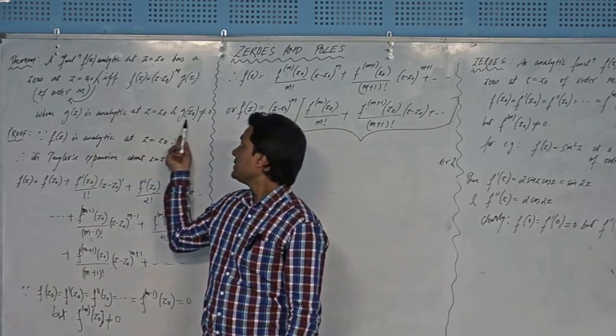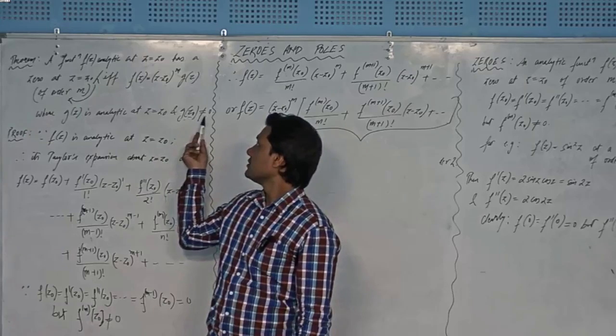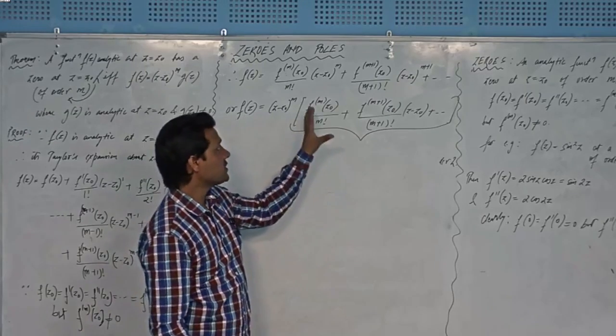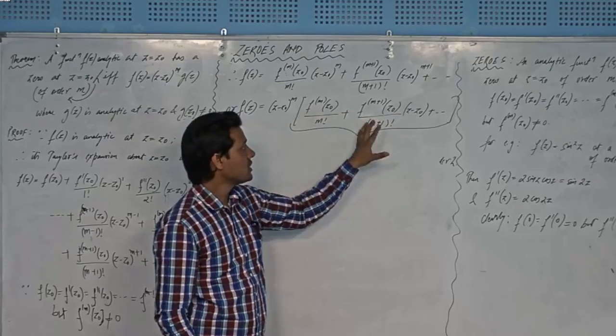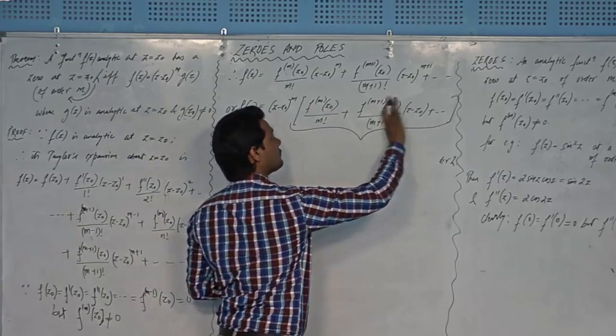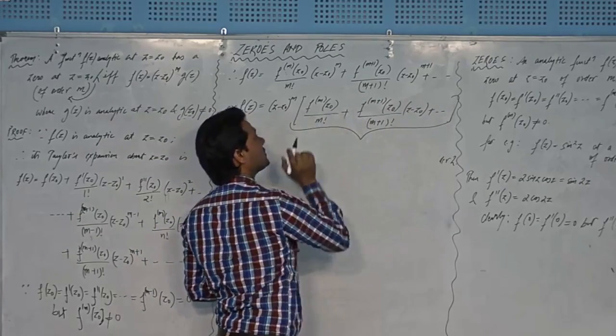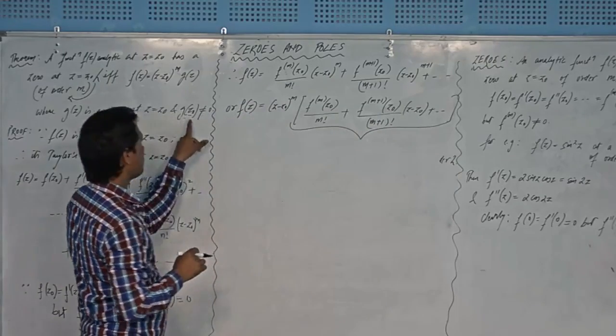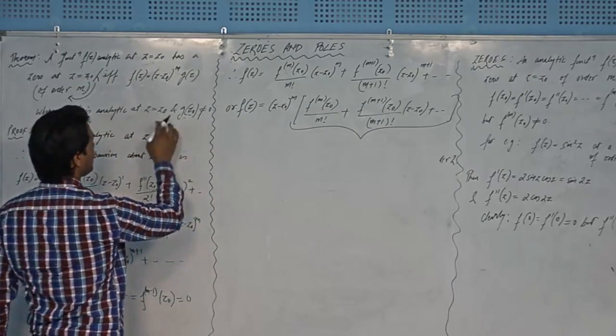Okay, and at z naught it is not equal to 0. If I plug z naught in place of z, then all of the terms after this term go to 0, and we'll be left with this one, right? So it is a verification.